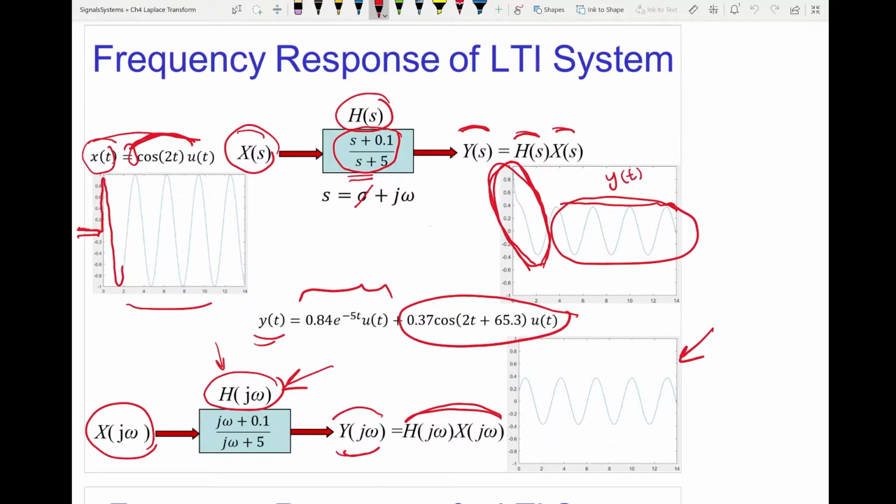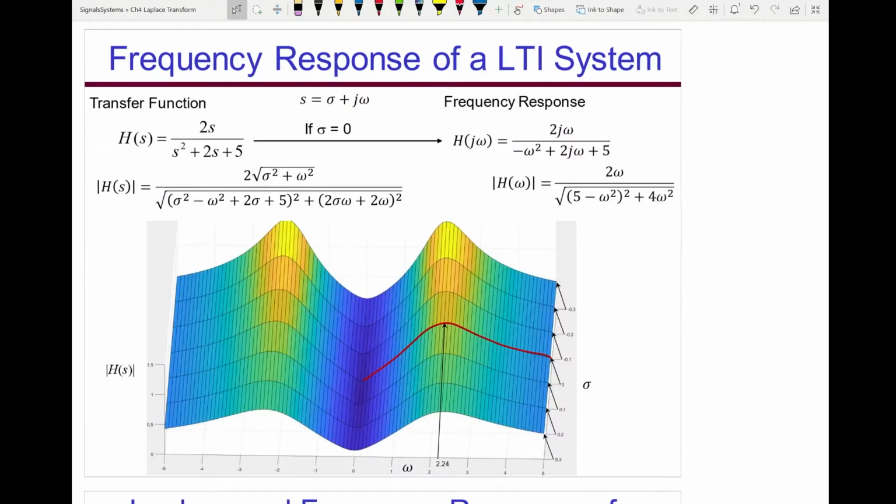Now we're going to look in more detail to make a clear distinction between H of s and H of j omega and try to visualize the difference between them. Let's take another system, and we describe the system H of s by this transfer function, where s is this complex frequency. If I set sigma to 0, then I can convert this transfer function to the frequency response of the system, which will be this one.